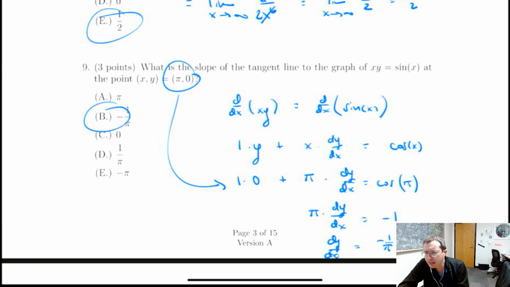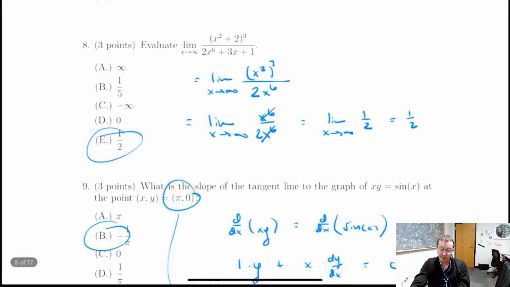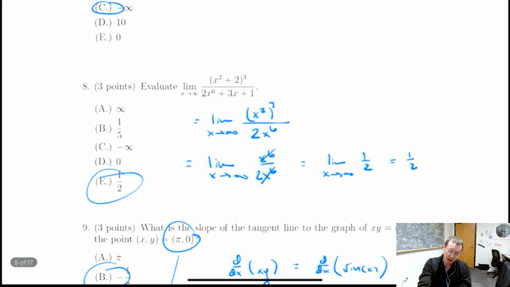All right, does leading coefficient always mean highest exponent or just the first one? That's a great question. It means the highest exponent, not the first one. Like if I wrote the denominator here as 1 plus 3x plus 2x to the sixth, the leading coefficient is still 2. It's not 1.